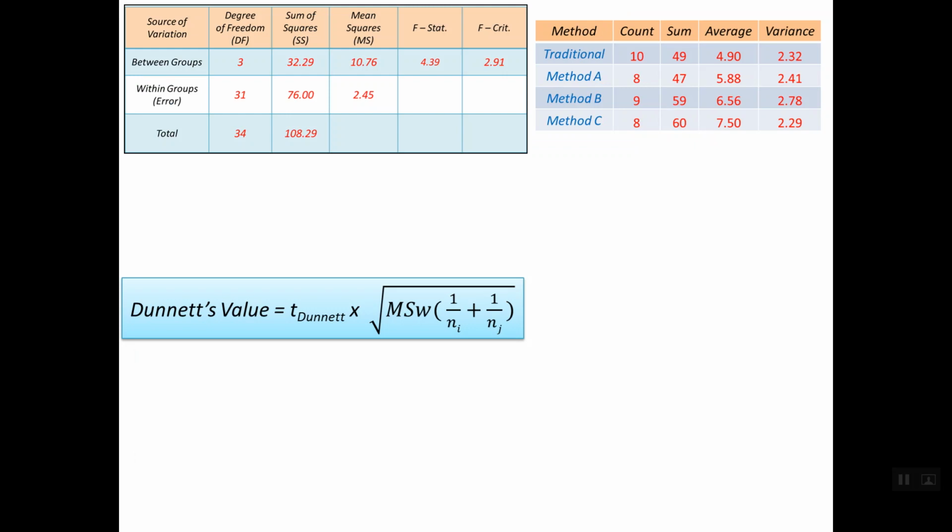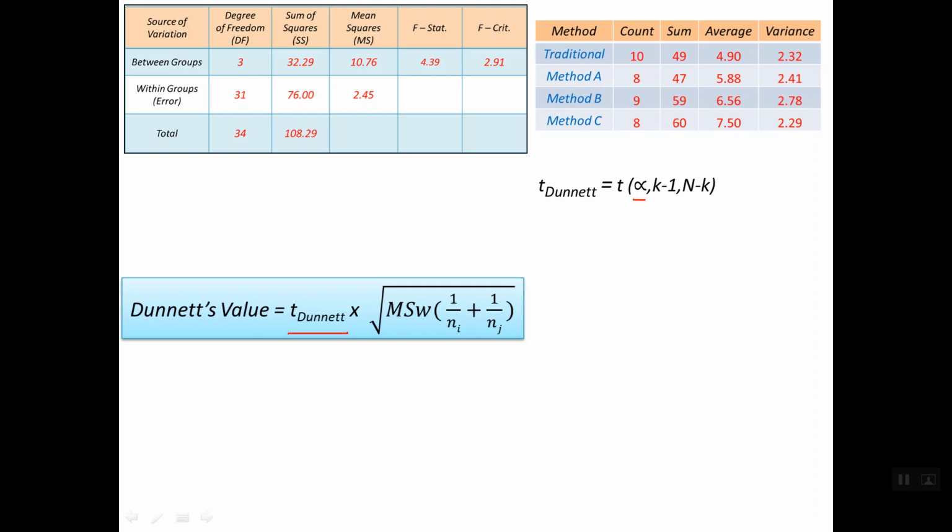This is the formula for the Dunnett test in case of unequal sample sizes. Regarding the T for Dunnett test, we can simply determine the value of this T by knowing three things.